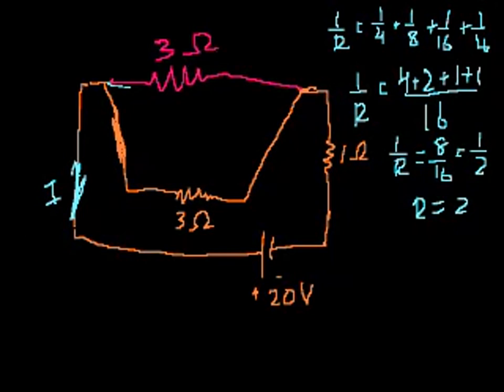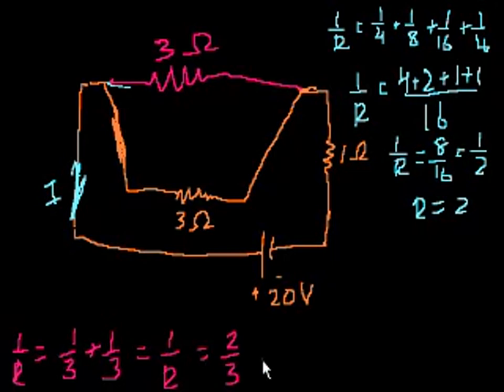Well, now this is getting really simple. So what do these 2 resistors simplify to? Well, 1 over their combined resistance is equal to 1 over 3 plus 1 over 3. It equals 2 over 3. 1 over R is equal to 2 over 3, so R is equal to 3/2, or we could say 1.5.